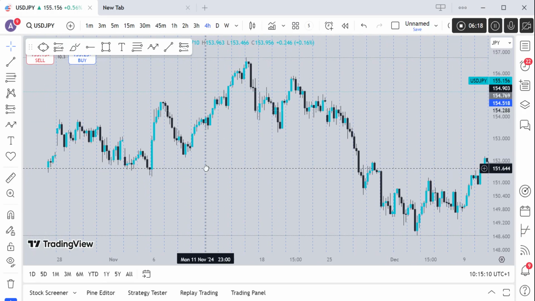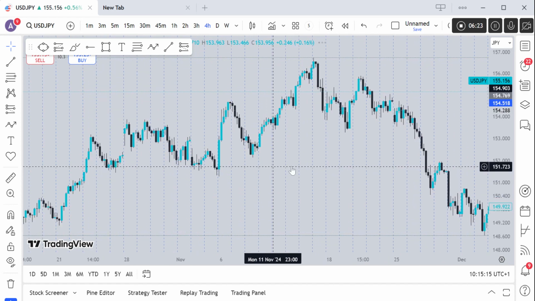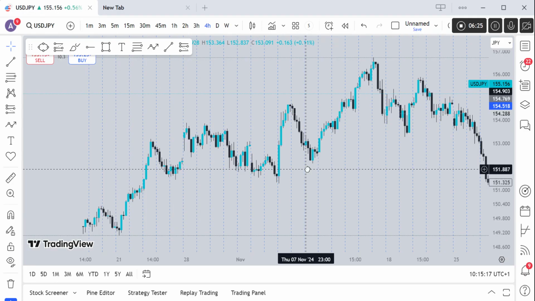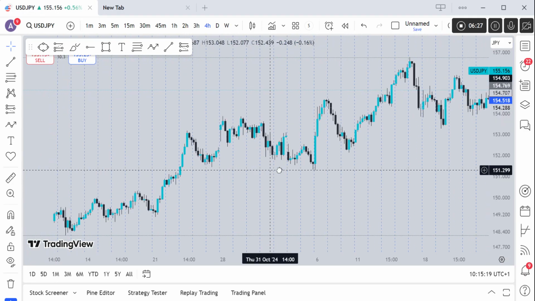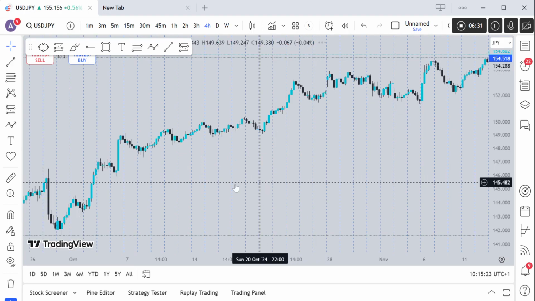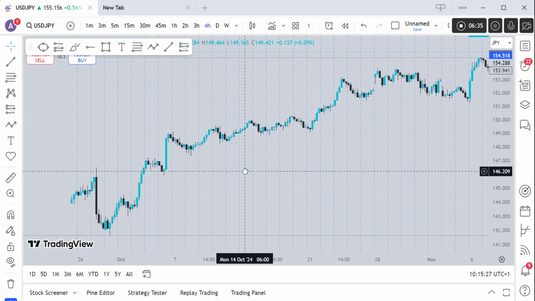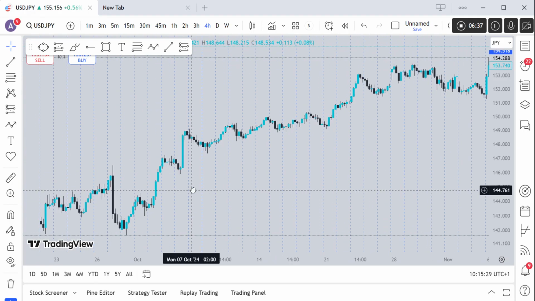To see an inside bar fake out is very hard in the market.